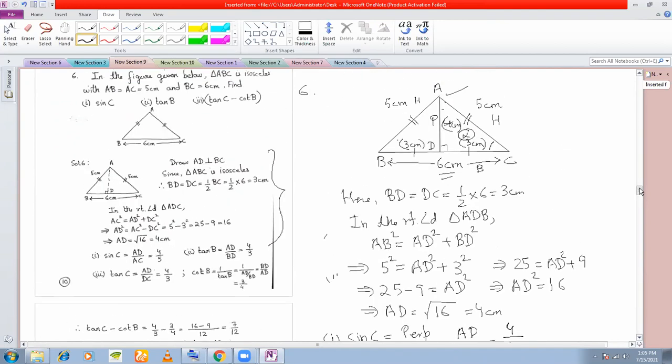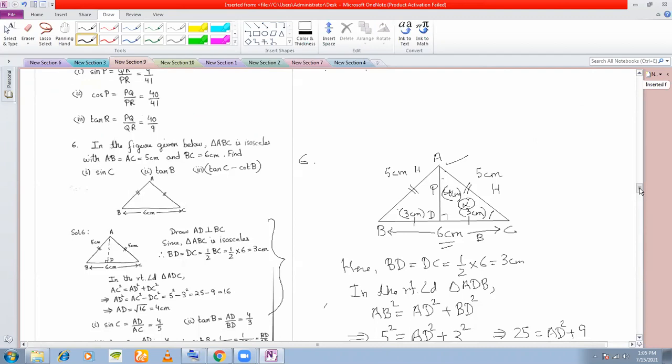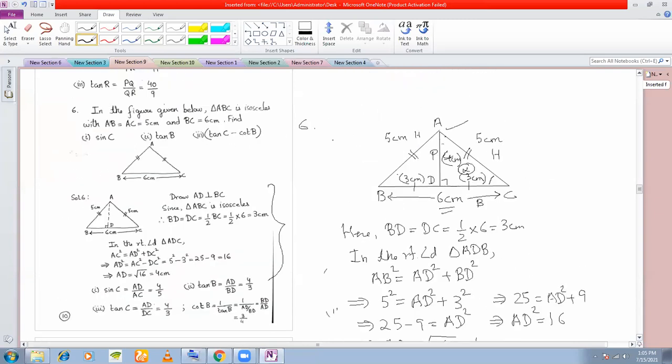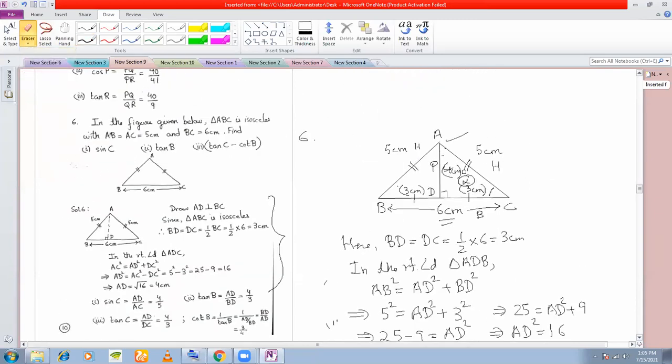Okay, so next we come to the next question, which is to find tan B. Now what is tan? Tan is perpendicular by base. Okay, so now which right angle triangle to consider? Tan of which angle do we have to find? We have to find tan of this angle. So this becomes our perpendicular and this becomes our base. This becomes our hypotenuse.